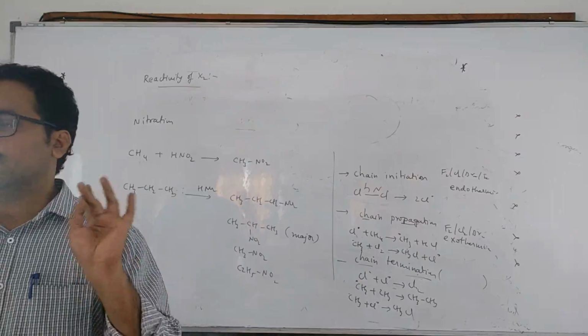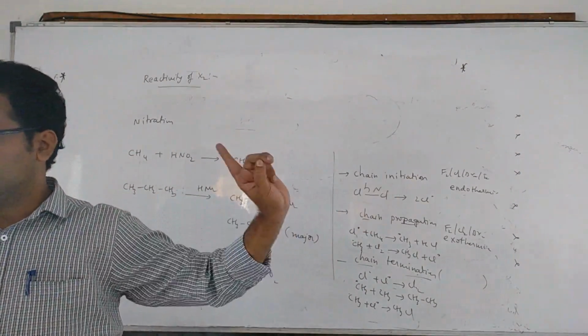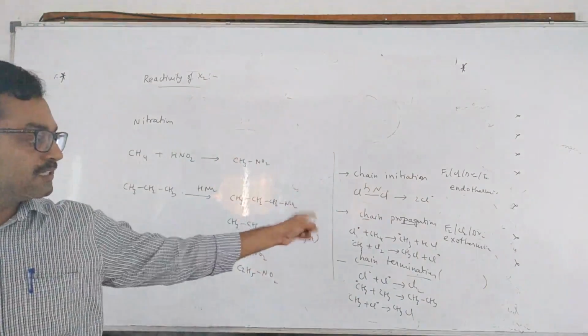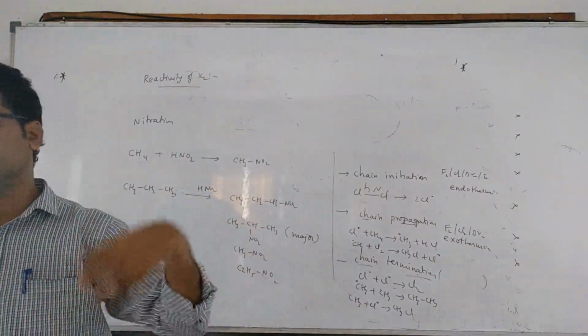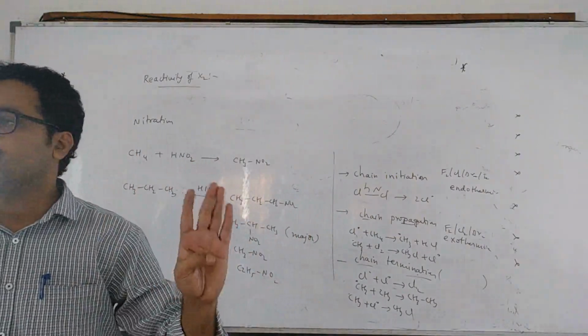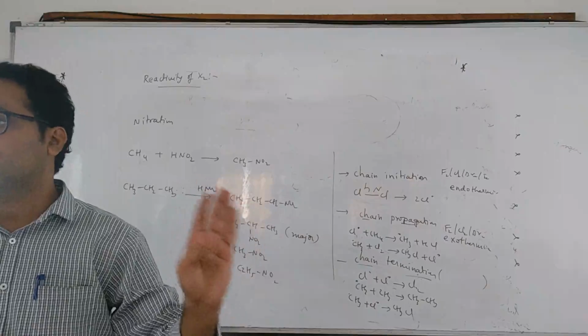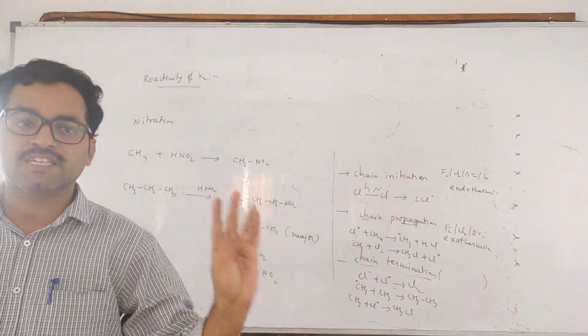Over. Now the third point. In chain initiation, everything is endothermic. But in chain propagation, chlorination and bromination are exothermic, while iodination is the exception. That is the third point. Fourth point, reactivity of halogens: F2, Cl2, Br2, I2. Reactivity of alkyl group: tertiary, secondary, primary.